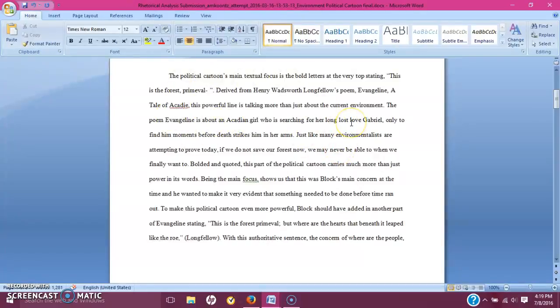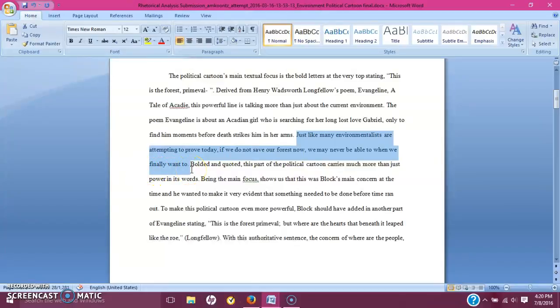She summarizes a poem, a line from which was used in the political cartoon, and here would be analysis. So she describes a little bit of summary here, and then she says, just like many environmentalists are attempting to prove today, if we do not save our forests now, we may never be able to when we finally want to.